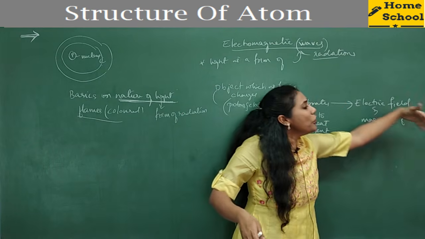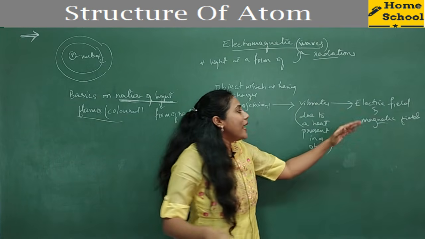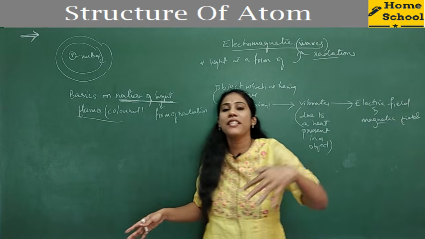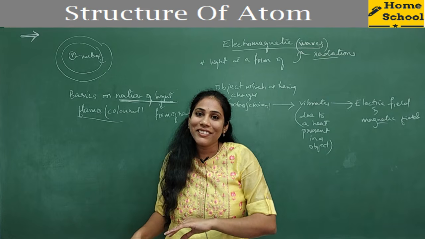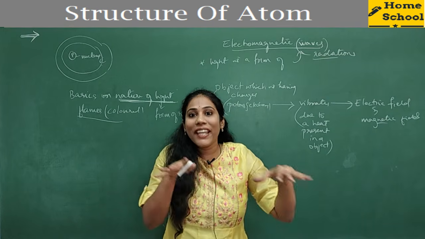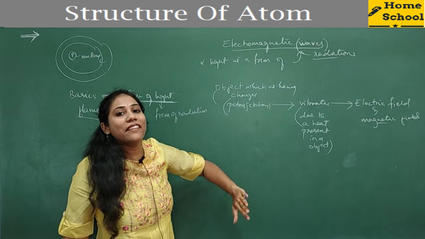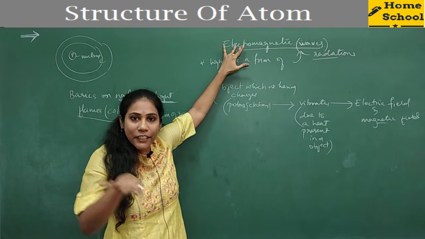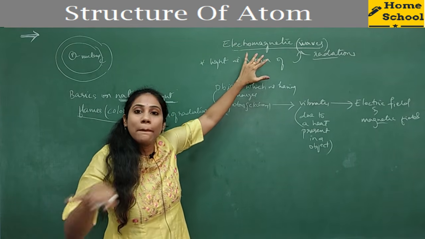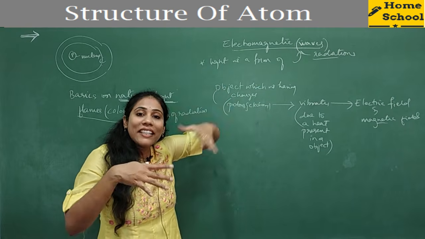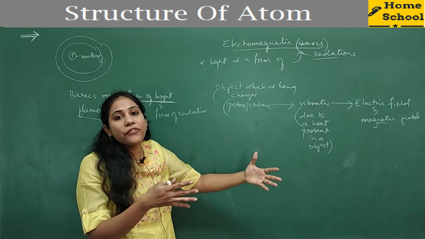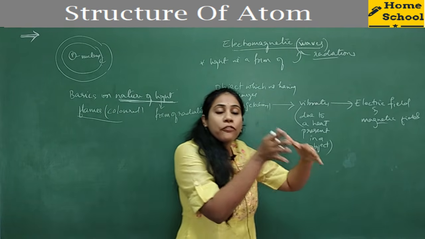Electric field flows in the form of a wave. Magnetic field also flows in the form of a wave. Got to know? And these waves are called electromagnetic waves. Electric field, magnetic field, they are traveling in the atmosphere in the form of waves.